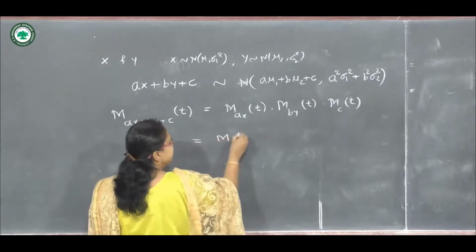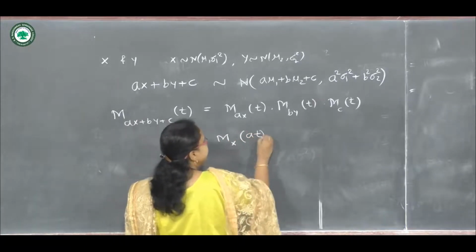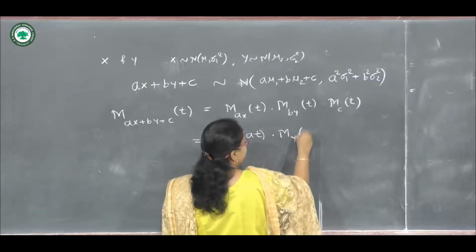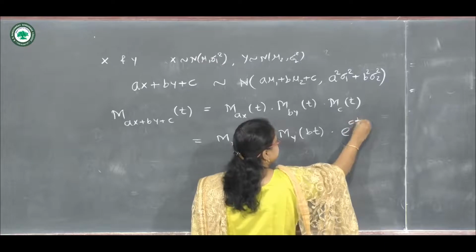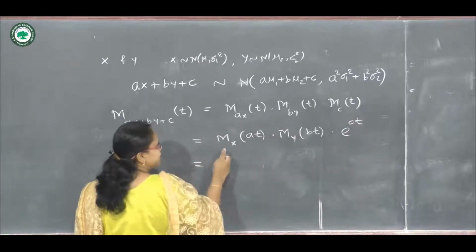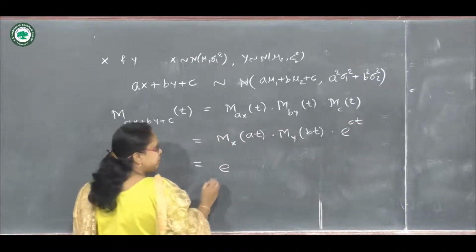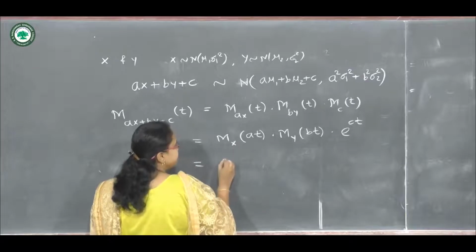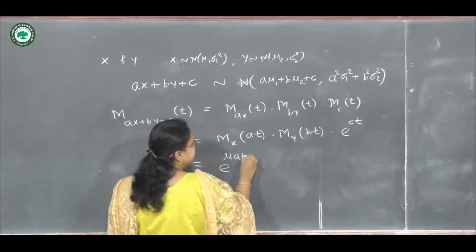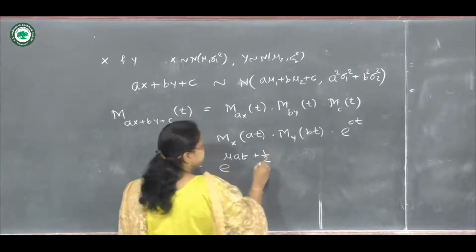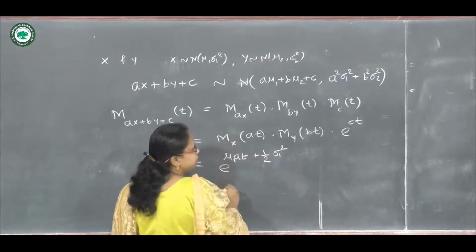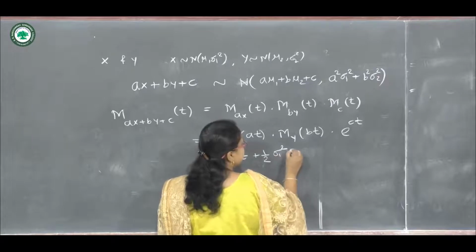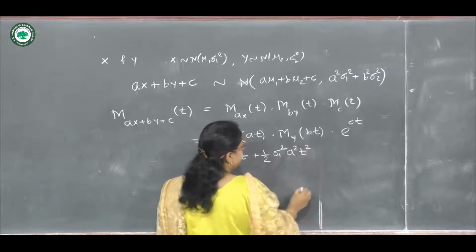Again we can write Mx of at into My of bt into e raised to ct. Further, by substituting the values of MGF, we will get e raised to mu 1 at plus half sigma 1 square a square t square.